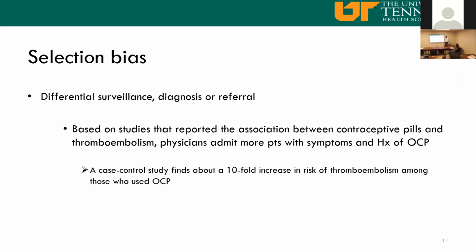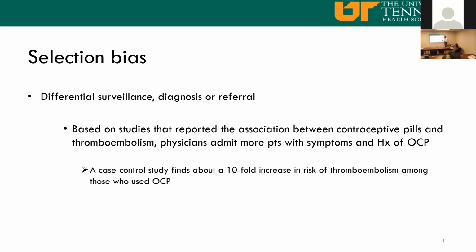So if a case control study is conducted and finds about a 10-fold increase in risk of thromboembolism among those who use OCP by selecting patients from hospital, there is already a selection bias in this case.